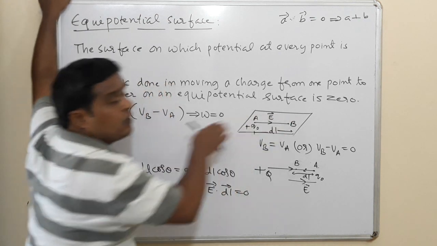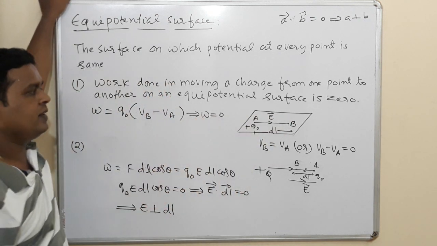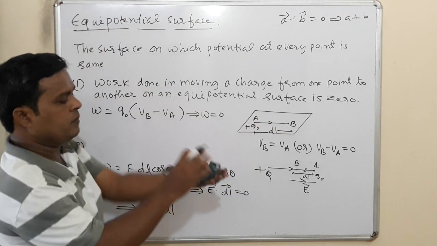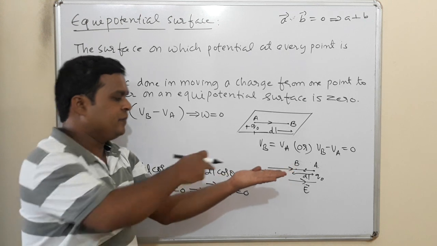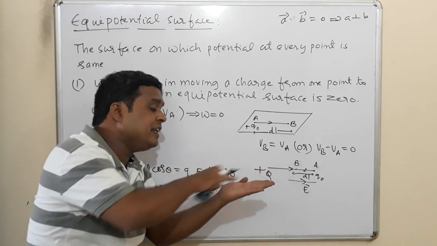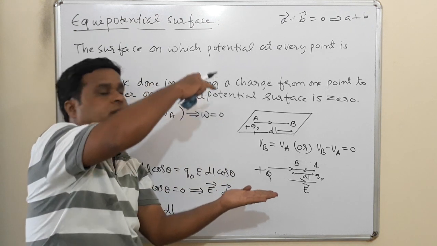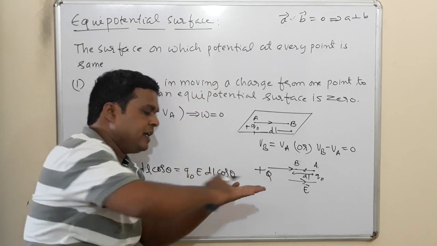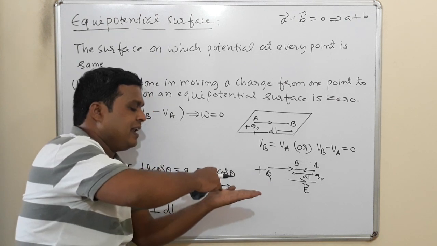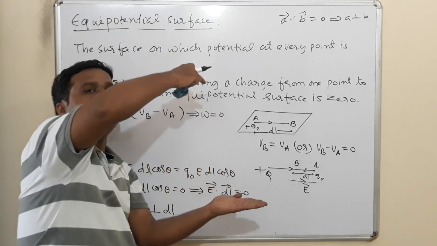dl is in the plane of the equipotential surface. E is perpendicular to dl means, suppose this is the equipotential surface, and this is dl. dl is in the plane of the equipotential surface and the electric field is perpendicular to dl.